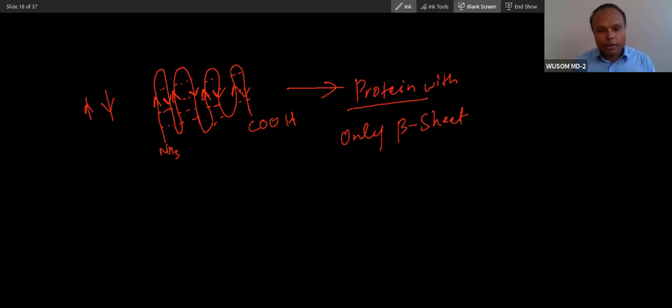So what will happen with parallel? In parallel, the protein folds like this, and then there is an alpha helix in between, and then again the protein folds like this. So what do you see here?